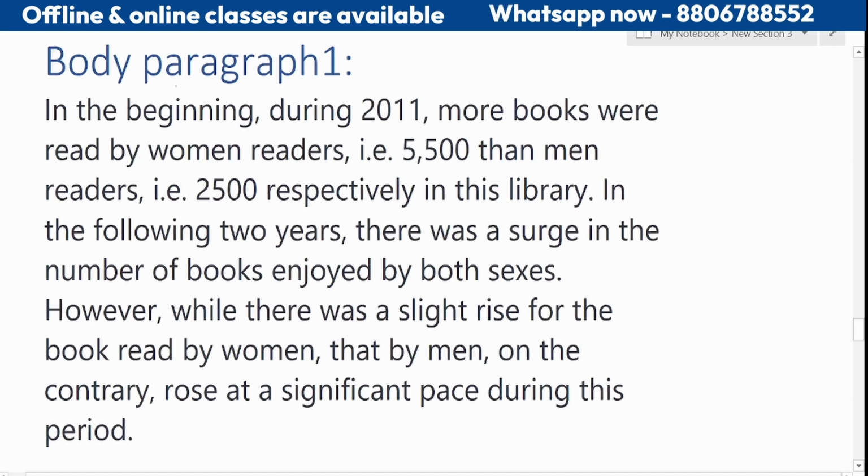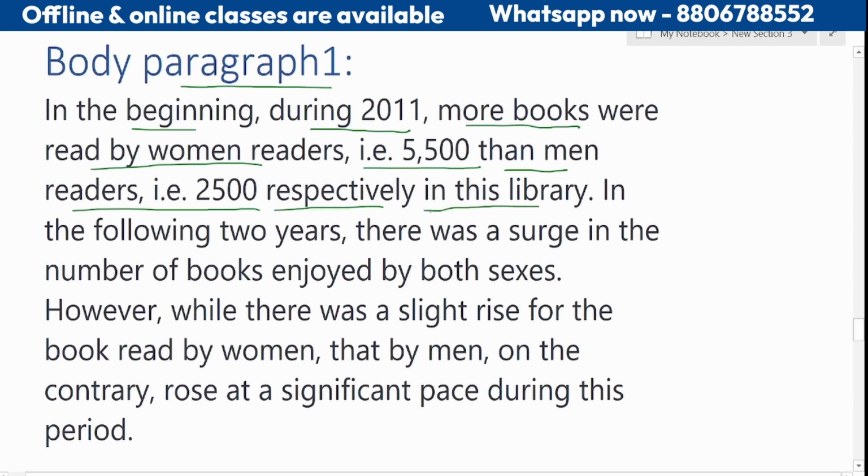The second part would be your paragraph 1. So let us see what shall be contained in paragraph 1. Now in the beginning, during 2011, more books were read by women readers, that is 5,500, than men readers, which is 2,500 respectively in this library.